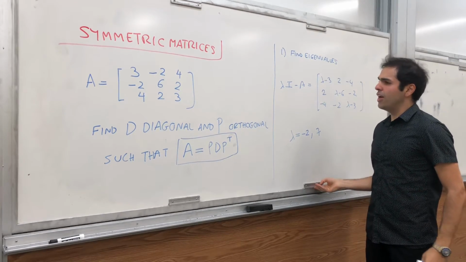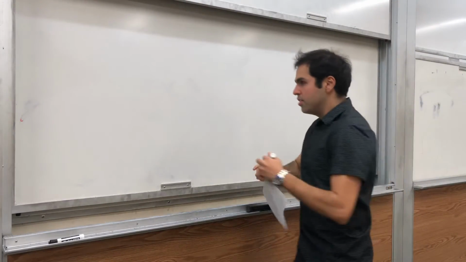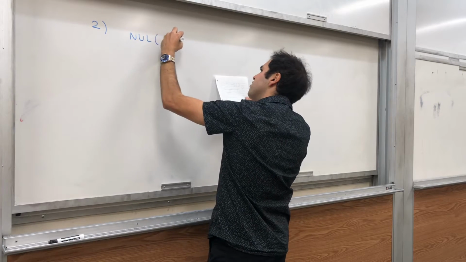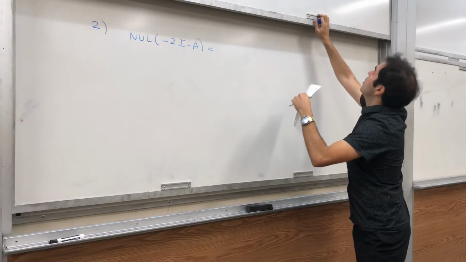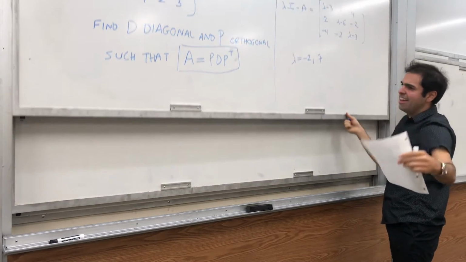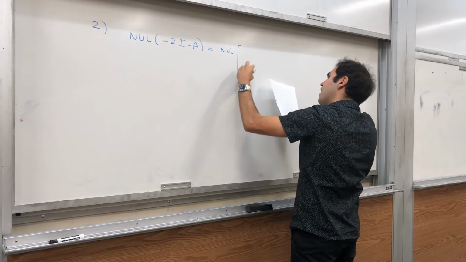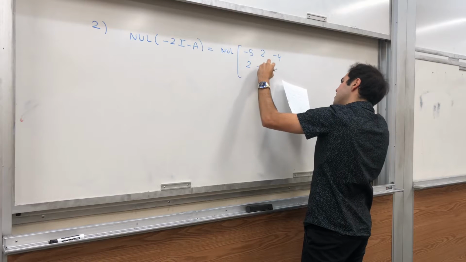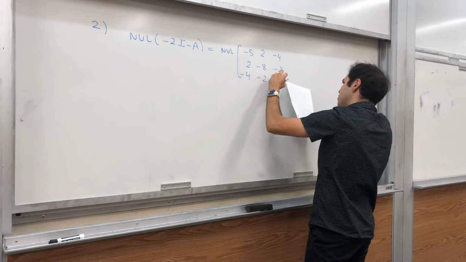So that's that. And then next, let's find the eigenvectors. And again, this part I will sort of skip as well. So you would do the null space of minus 2I minus A. So you would plug in minus 2 in there, and you would get basically the null space of the matrix with rows minus 5, 2, 4; 2, minus 8, minus 2; and 4, minus 2, minus 5.